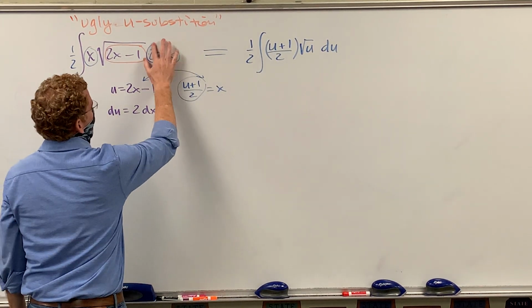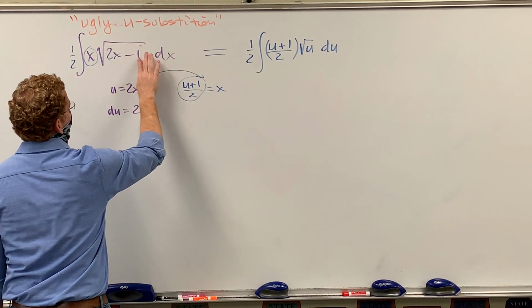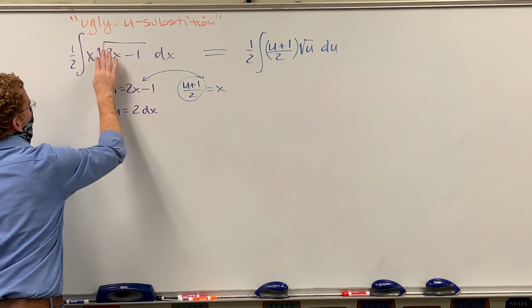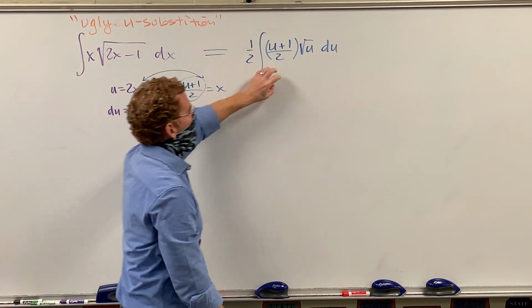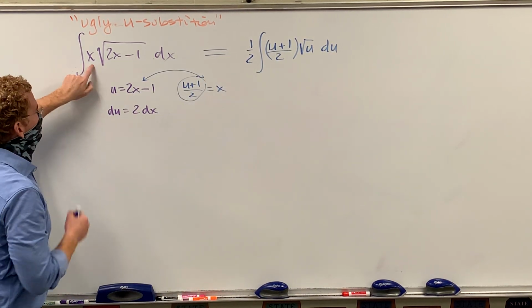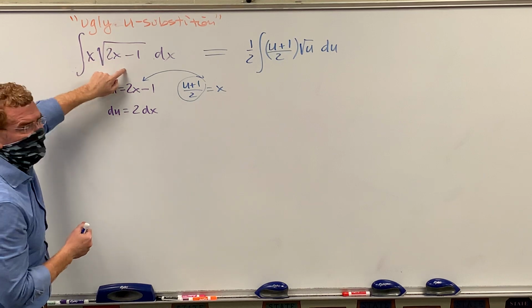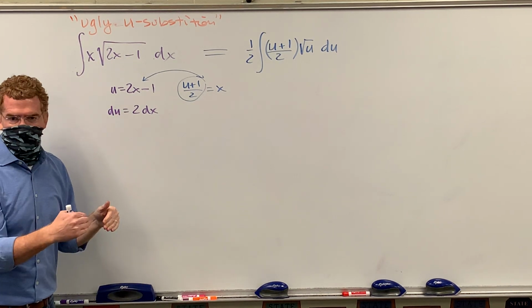Now, you might look at this and go, how is that any better than your original problem? Okay, so let me show you the original problem again. The problem with the original problem, when you look at it, you're like, how is something times a radical any different than something times a radical? And the thing is, multiplying the x in, or bringing it in, put everything under the radical, didn't it?